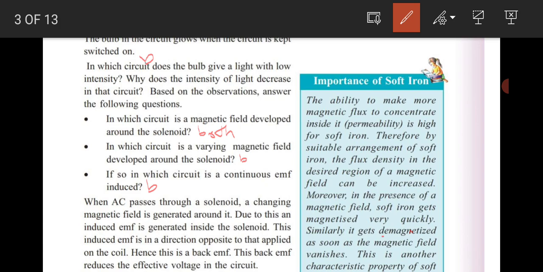Due to this, an induced EMF is generated inside the solenoid. This induced EMF is in the direction opposite to that of the applied voltage on the coil. Hence, this is a back EMF. This back EMF reduces the effective voltage in the circuit.